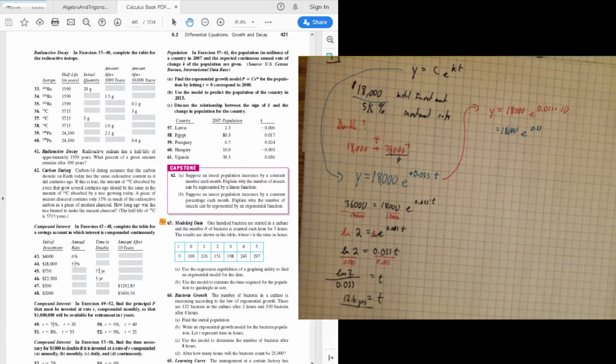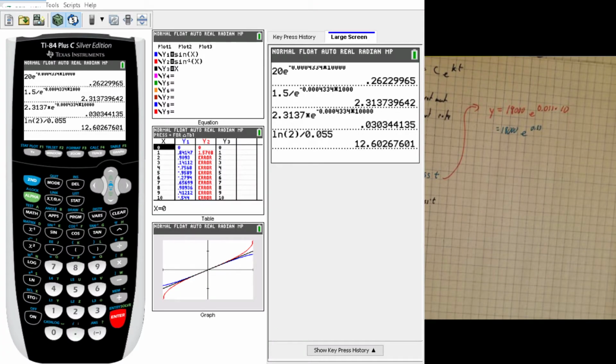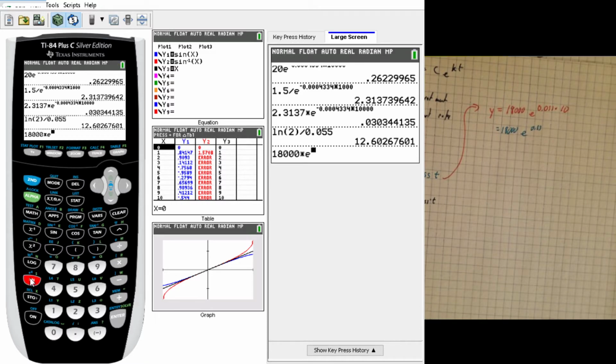And so now I can use a calculator to get that answer as well. So tonight's problem is going to be a lot of calculator pieces, so make sure you've got your calculator ready. 18,000, not divided by, multiplied by e to the 0.55.